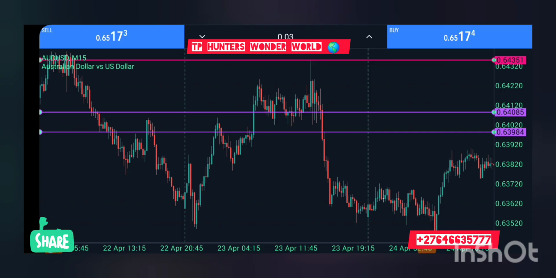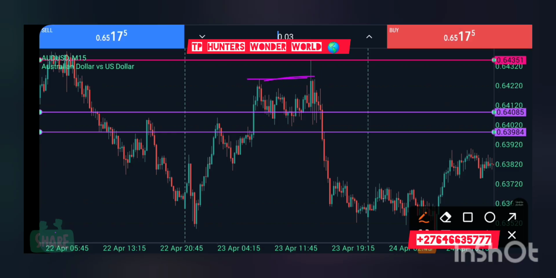So you wait for liquidity grab, you wait for reversal confirmations after liquidity is grabbed.